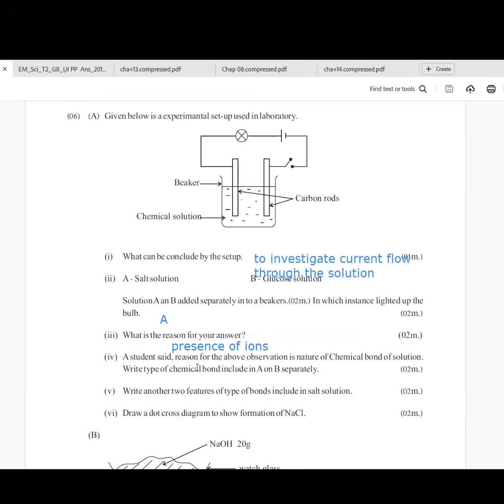A student said the reason for the above observation is the nature of chemical bond of the solution. Write the type of chemical bond included in A and B separately. A. The bond is ionic bond. B. Covalent bonds.